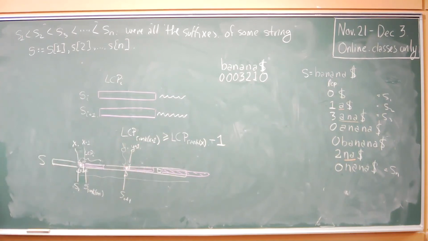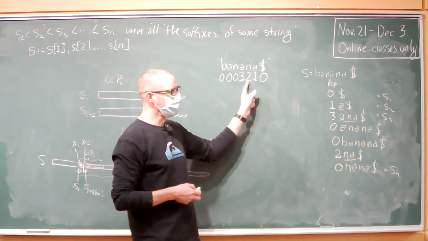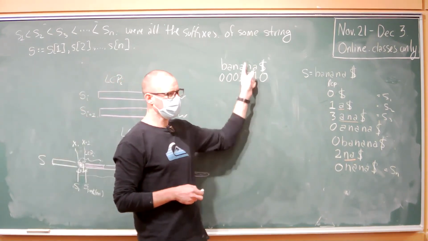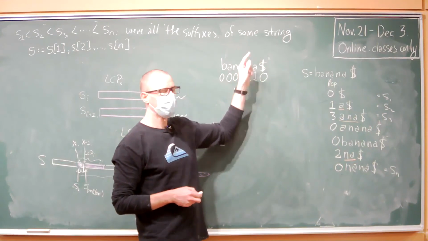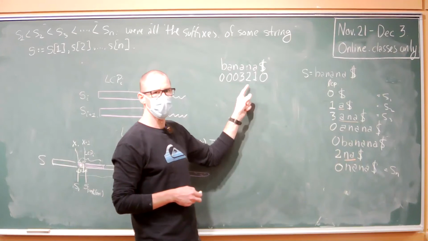So all I know for sure is that this LCP value does not go down by more than 1, but it could go up. Here it goes up from 0 to 3, but it could even go up from 3 to 100.